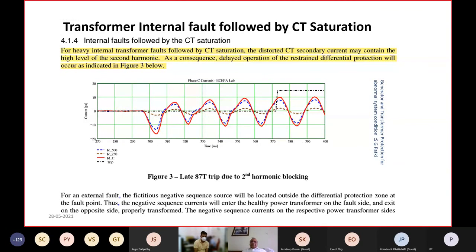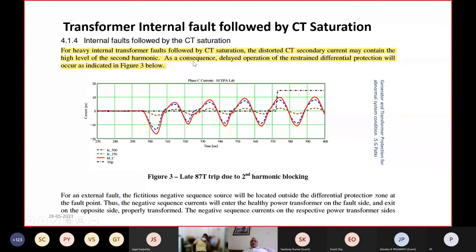On the 33 kV side, which is a distribution cable, the cable had a fault, and while the cable fault current was being fed by the transformer, the transformer winding actually developed a fault, and the transformer differential relay remained restrained because it detected the second harmonic in the fault current being fed.